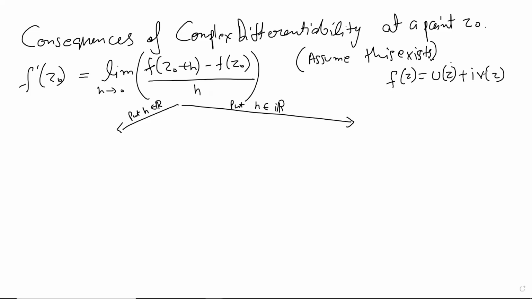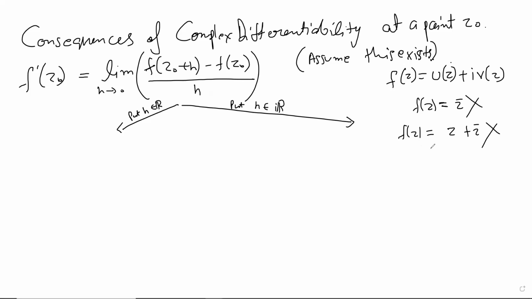For example, f of z equal to z bar was not differentiable, right? And hence many functions like z plus z bar will not be differentiable. The whole intuition of complex differentiability is that there's some sort of tension in the range value.